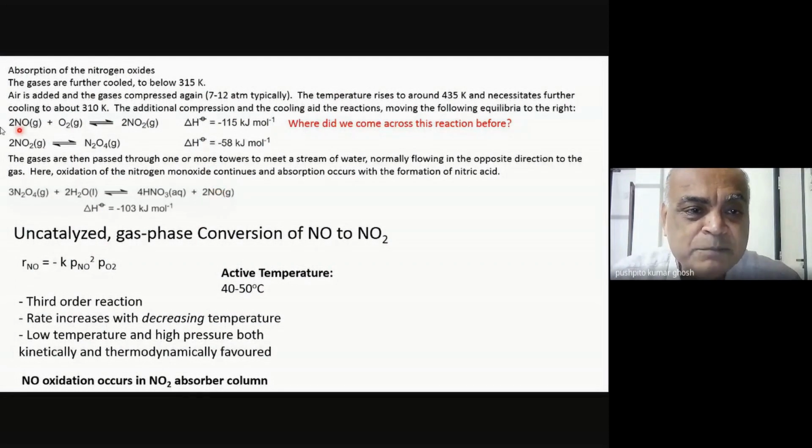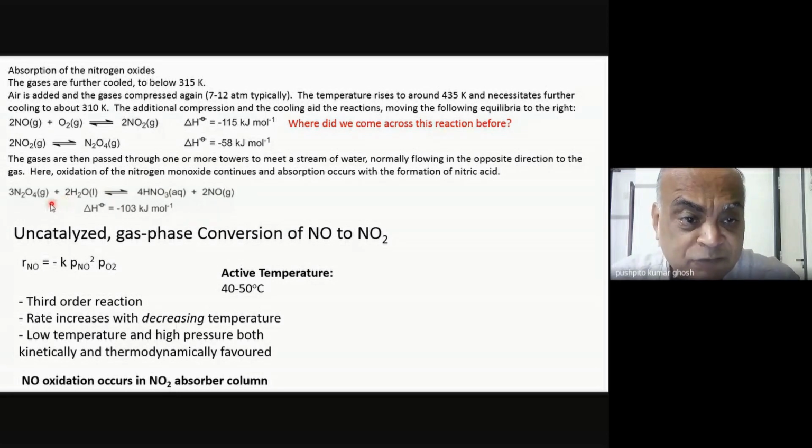So the same thing from which we are getting NO2, that again is reformed in part during the formation of nitric acid. So obviously there has to be some kind of a recycle loop so that NO again can be reconverted back into NO2.